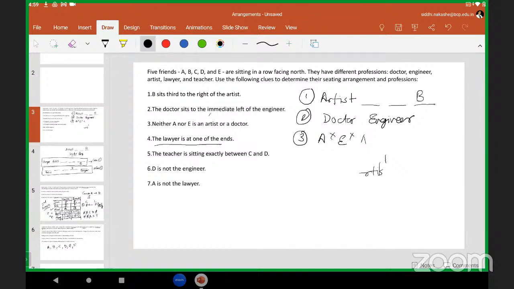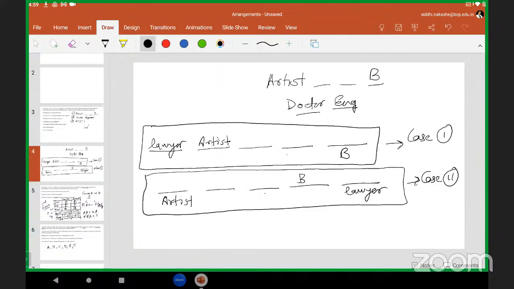Neither A nor E is an artist or doctor. So we'll write it down over here that A and E both cannot be artist and they can't be a doctor as well. Fine.